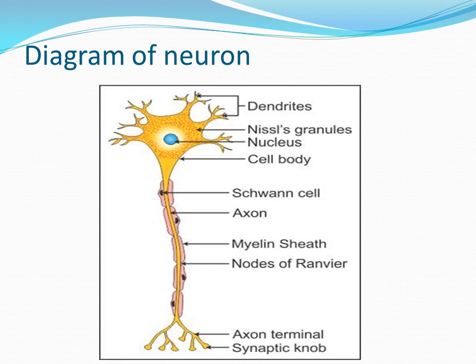Then you can see Nissl granules present in the cell body. They secrete extra proteins required for functioning of the neuron. The node of Ranvier is a gap in the insulating sheath of the axon that serves to facilitate rapid conduction of nerve impulses.